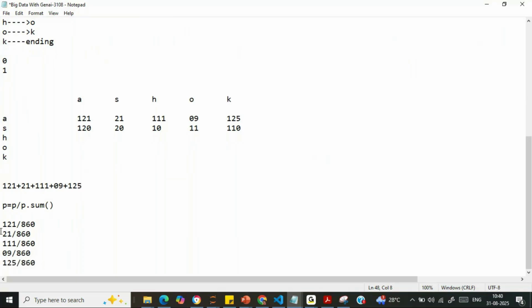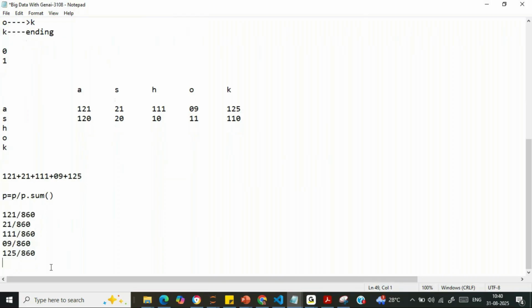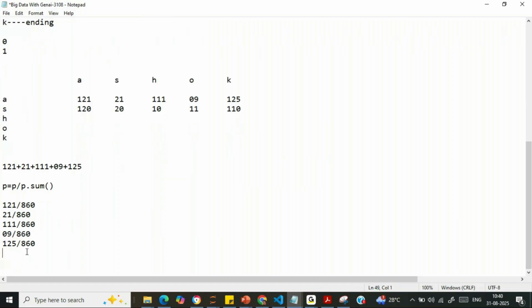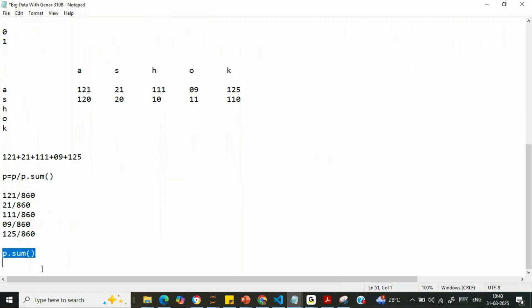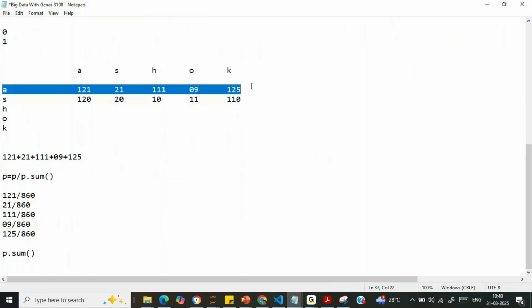This was done once we were having the small p, and the percentage for all these particular numbers, if we calculated p dot sum at that moment, was coming as 1. That is perfectly fine because we have moved with respect to this particular row only.